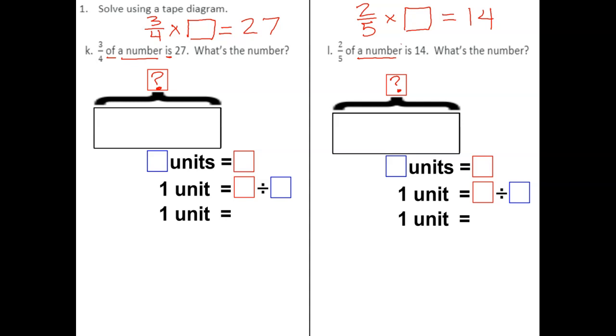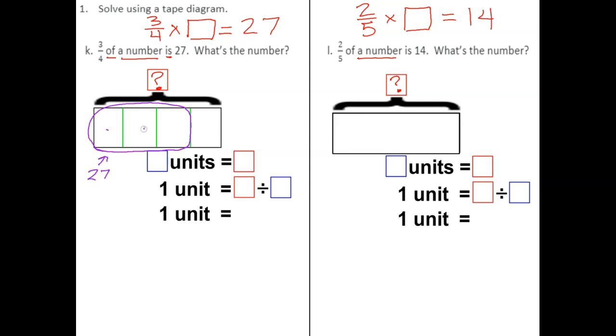So let's look at K here. So we know that we have fourths. They give us this part here. Let's circle this. They give us that these 3 here, 1, 2, 3 out of 4, 3/4 is equal to 27.